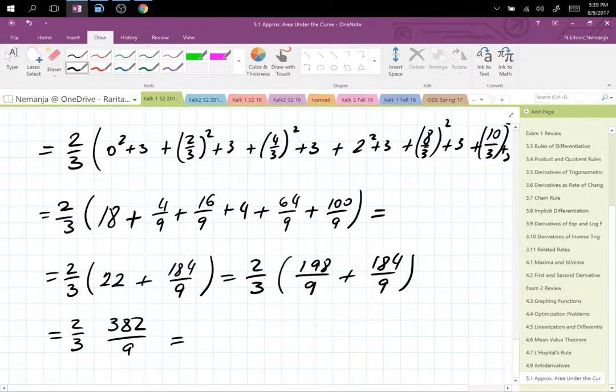This is multiplied by 2/3, and our approximation is 764 over 27. You can divide this in the calculator if you want.